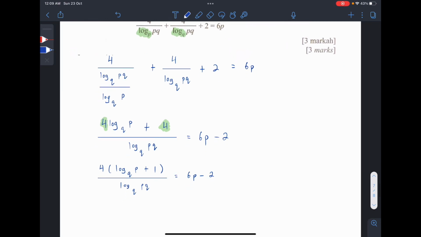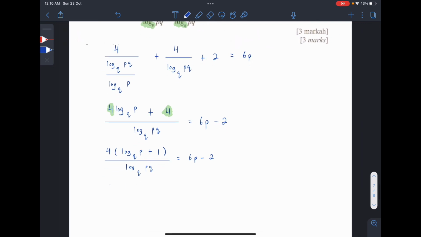Now, what can I do right now? I think what we can do here is, I want to separate out the bottom fraction a little bit. Yeah. So I'm going to separate the logs out. So log qp plus 1 over, now have a look guys, it is log qpq, right?